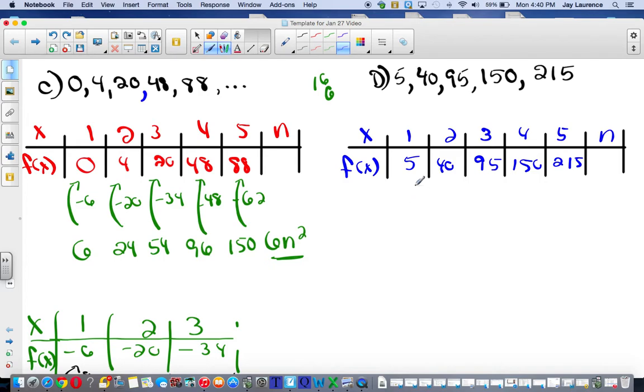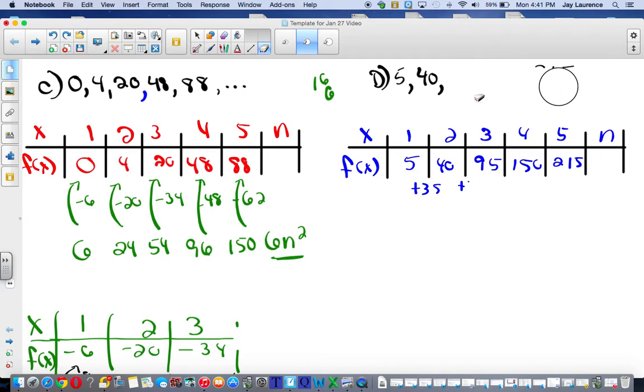When I do that, I get plus 35, plus, there's another mistake. This should be 85. I'm just making mistakes all over the place. All right, so 85. Okay, that should be 140.